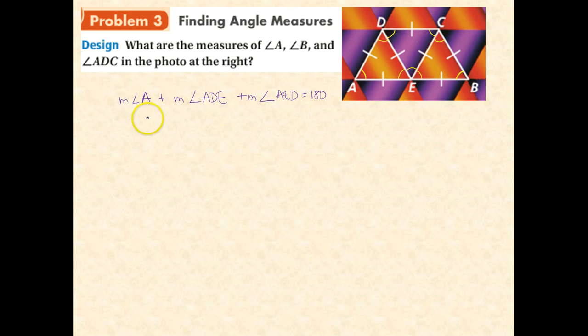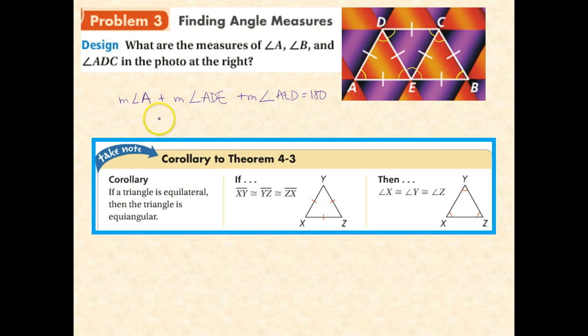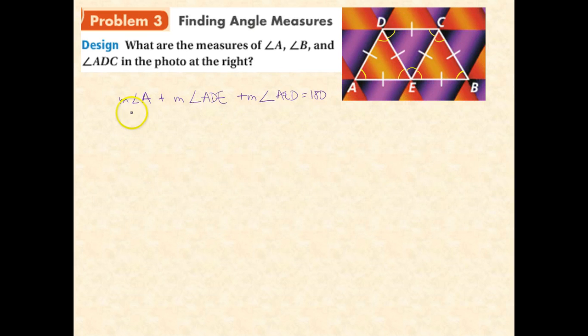But by this theorem right here, I know that all three of these angles are congruent. So I can use the substitution property.